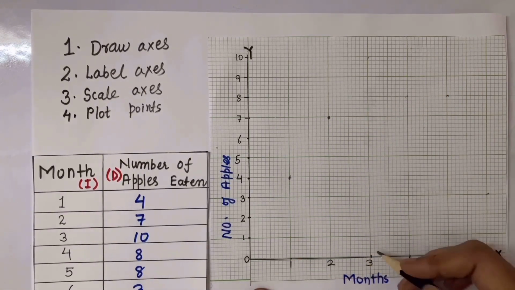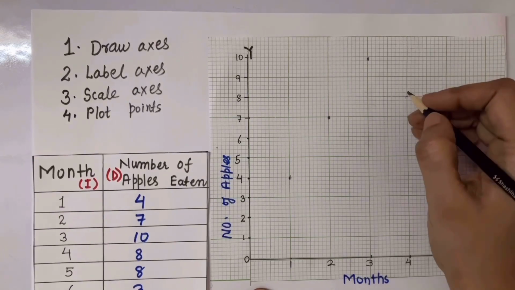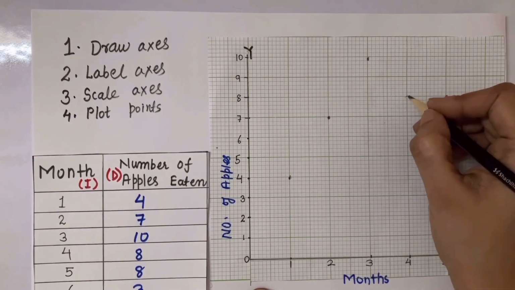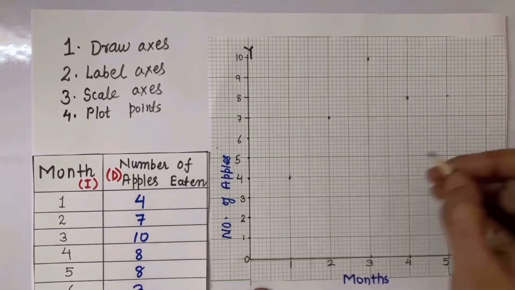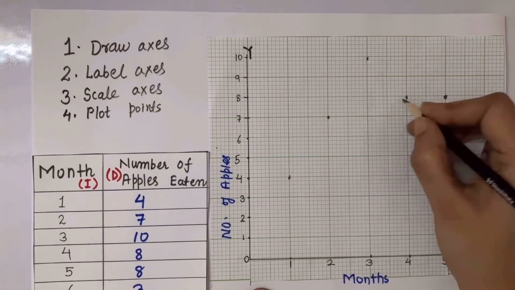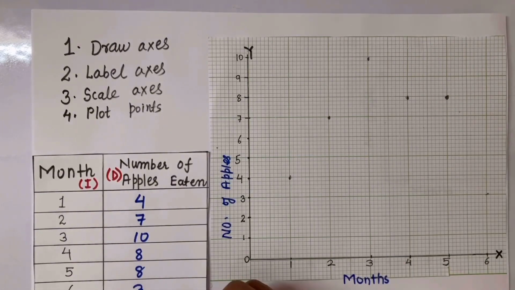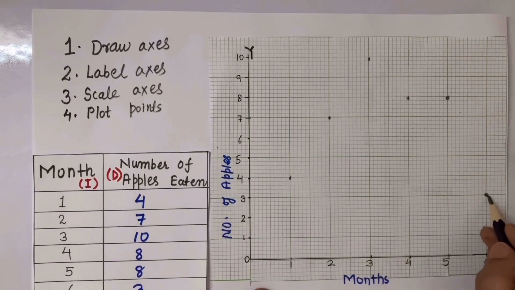For the third month, the number of apples eaten is 10. For the fourth month it is 8, and for the fifth month it is the same, 8, and in the sixth month the number of apples eaten decreases, it reached 3.